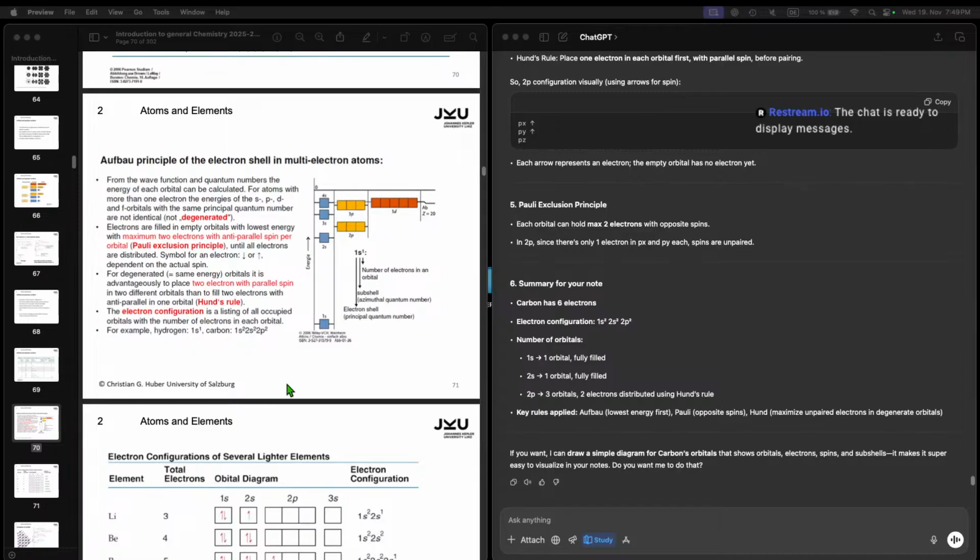Carbon 12: mass number 12, atomic number 6.